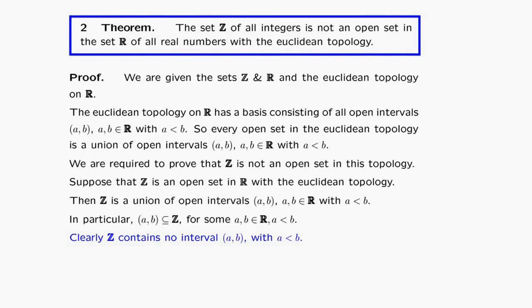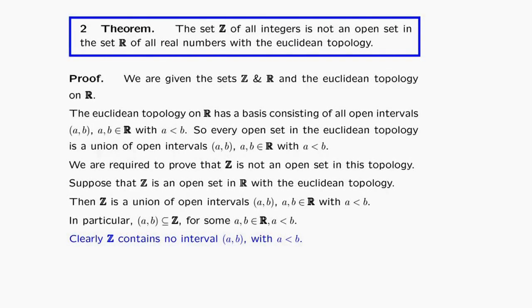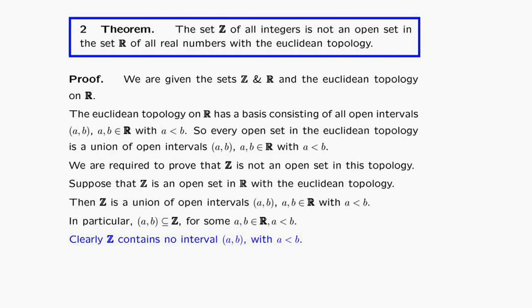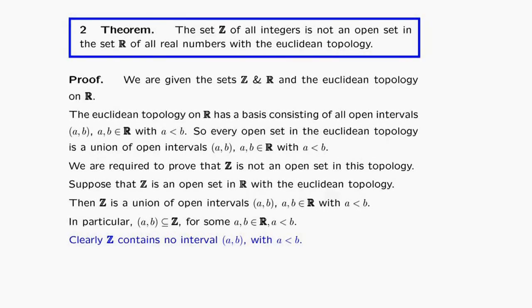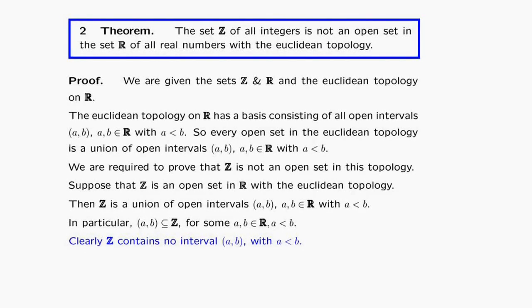For example, Z is a countable set, while the interval (a, b) is an uncountable set, and no countable set contains an uncountable set.